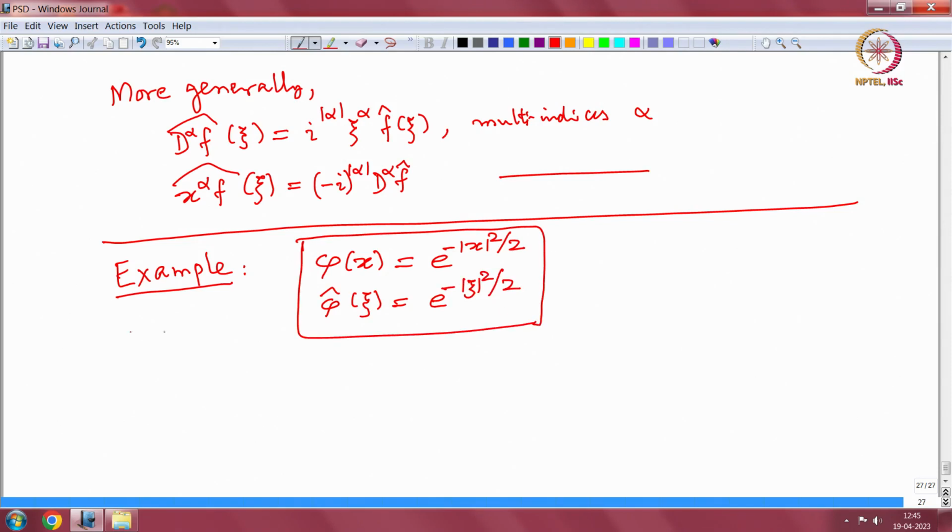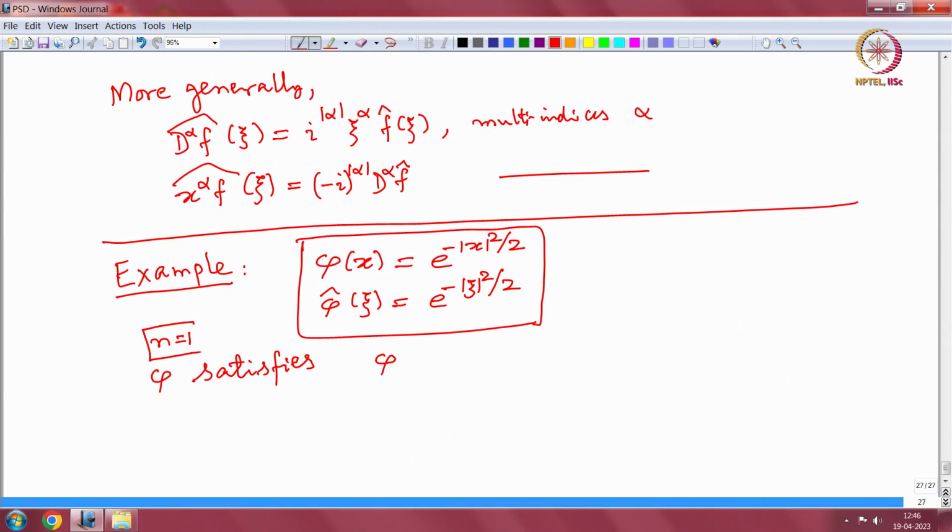Let me give a proof of this using an ODE. phi satisfies this linear ODE. Let me take n equal to 1.